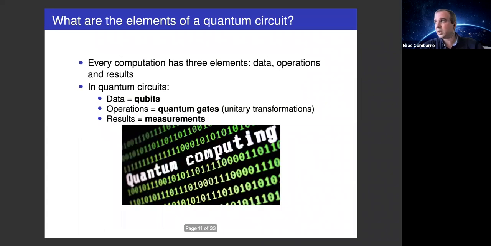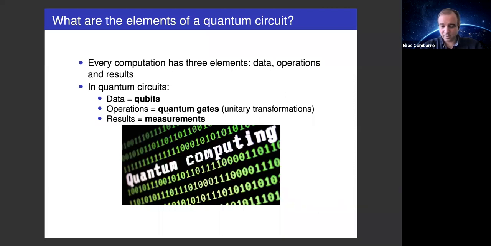And the elements that are important in this model of quantum circuits have an equivalence in the classical realm. So when we think about an algorithm, we always have 3 elements. We have data, we have operations that we perform on this data, and then we have some results at the end. And each of these elements has an equivalence in the model of quantum circuits.